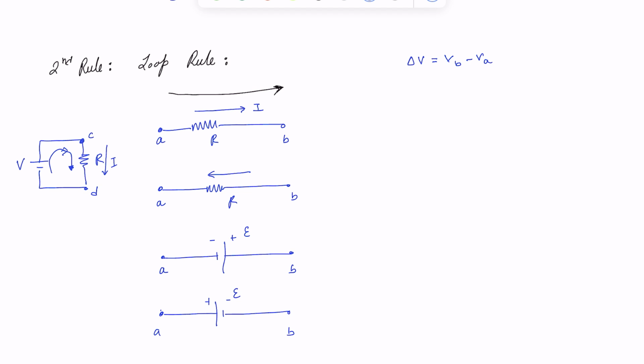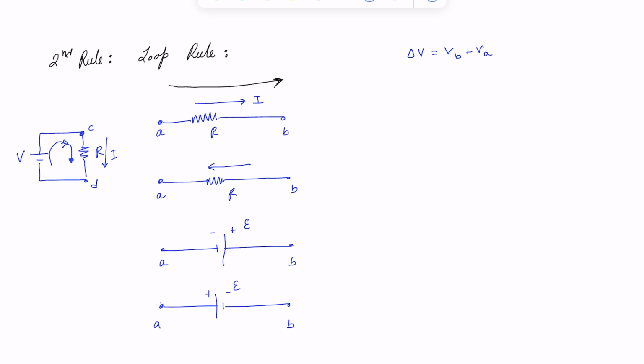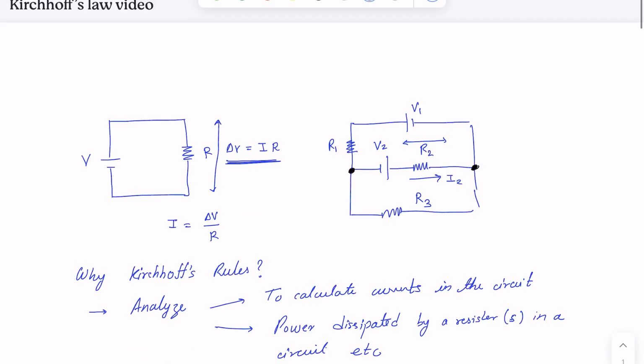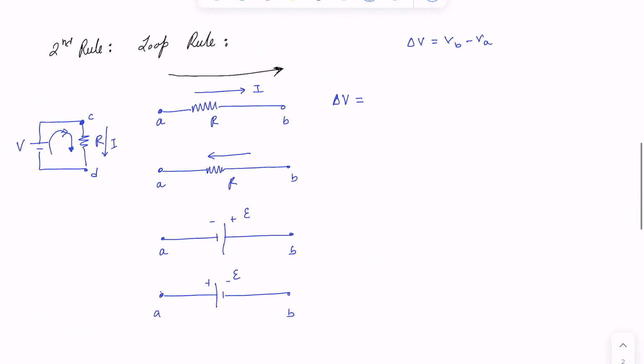I'm really butchering this, but this is what you should really hear. That means if I'm coming in from left to right, in the first case, the potential at B will be smaller than the potential at A. So I should get delta V equal to, remember this equation, IR is going to be true, but we're going to register this delta V as minus I times R, because the potential at B is smaller than the potential at A.